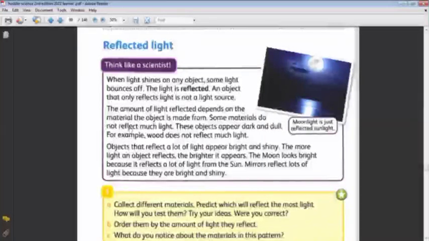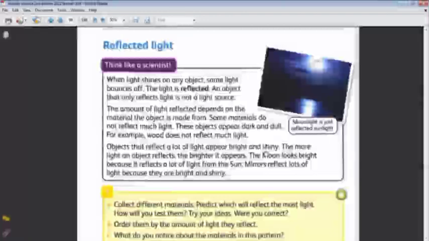So objects that reflect a lot of light appear bright and shiny. The objects that are made from a material which appears bright and shiny can reflect the light in a big amount, like the metal.